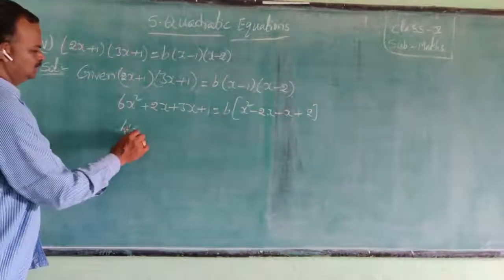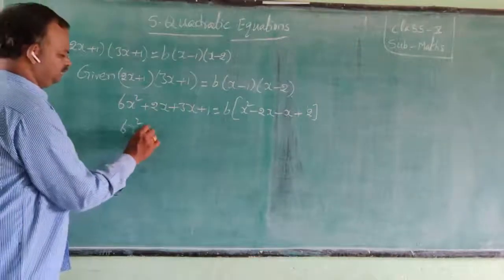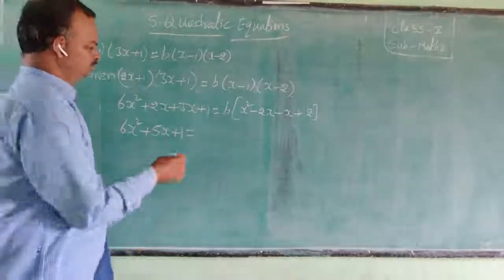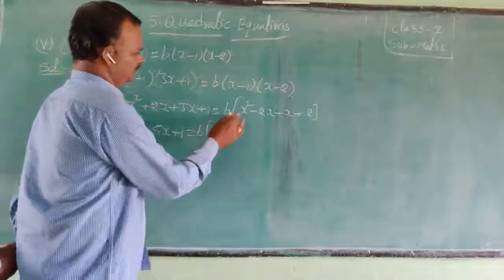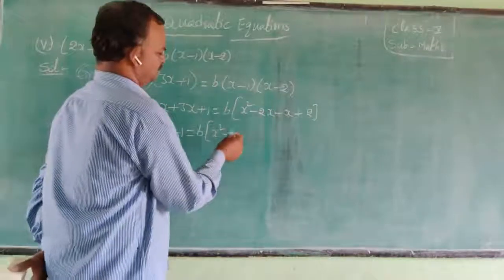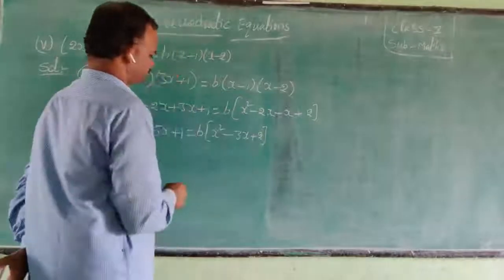The value is 6x square. 2x plus 3x, 5x. Plus 1 is equal to b into x square minus 2x minus x plus 2.